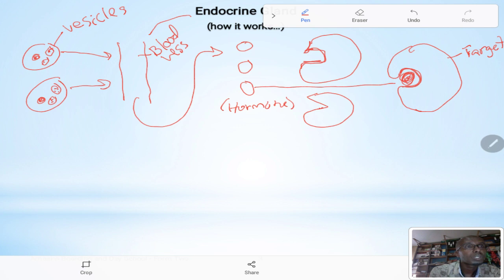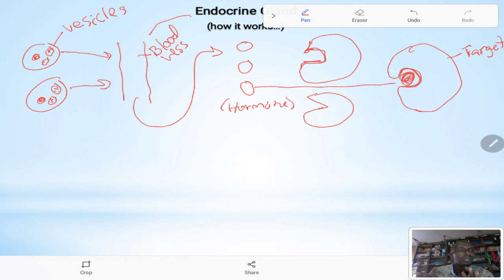Different cells have different active sites. The shape of the hormone here is circular. So from here we can see that different endocrine glands produce different hormones with different shapes. Please keep that in mind.